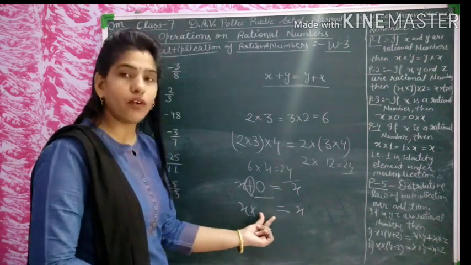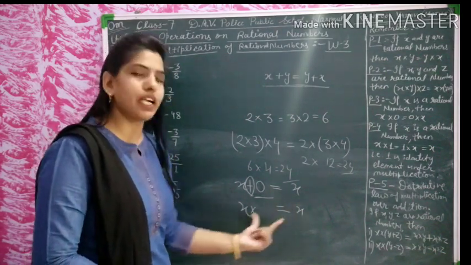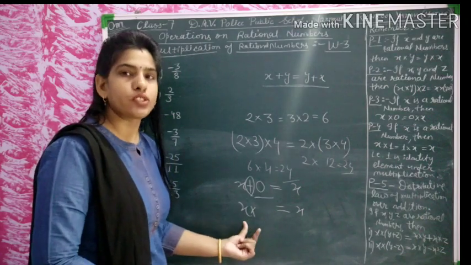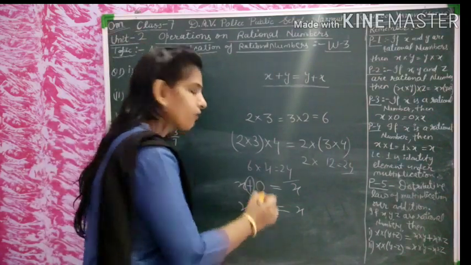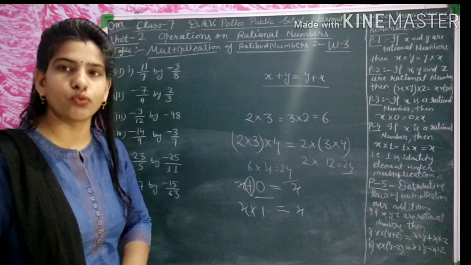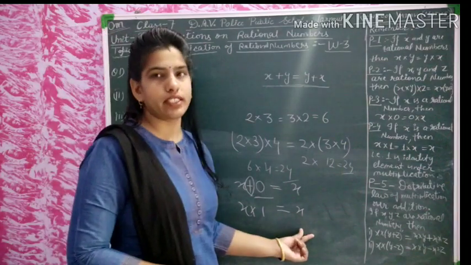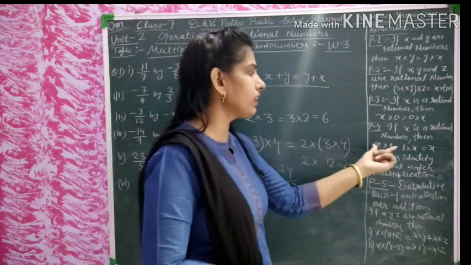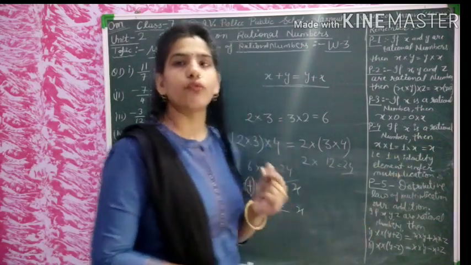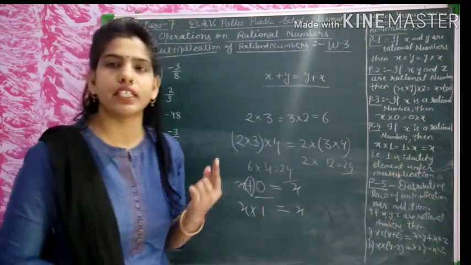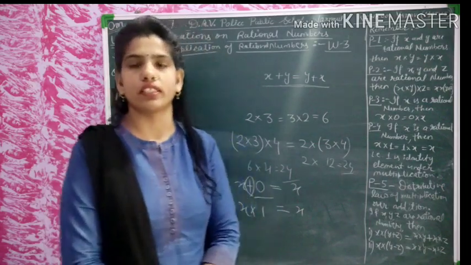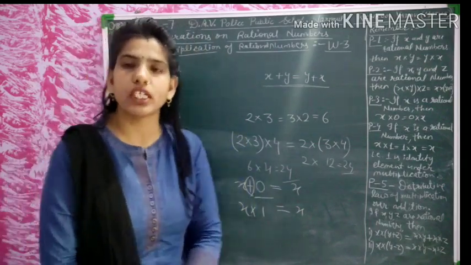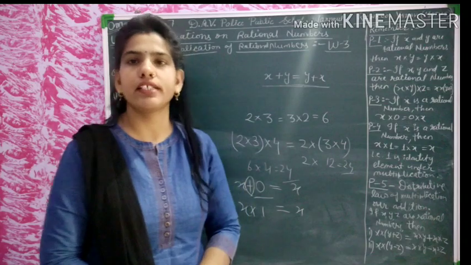It means we have another number which will give us the number itself. So there is the number 1 here, and x into 1 is equal to x. Is it clear, students? This is the number x here. So 1 is the identity in the multiplication operation, but 0 is the identity in the addition operation.